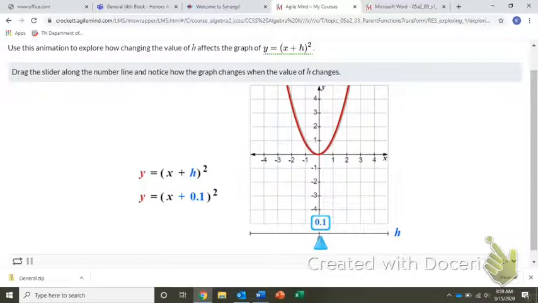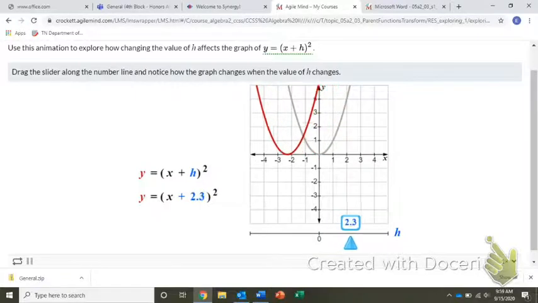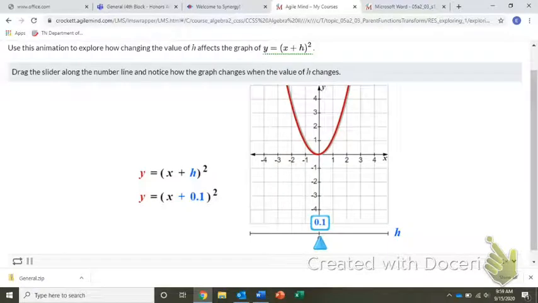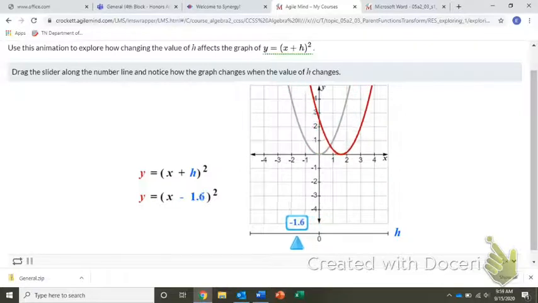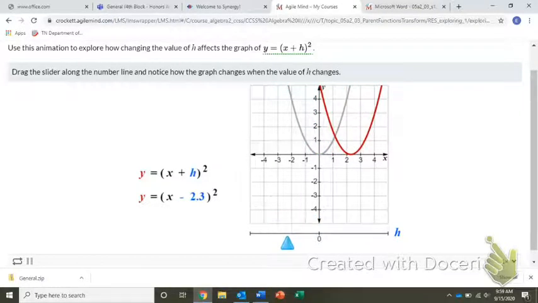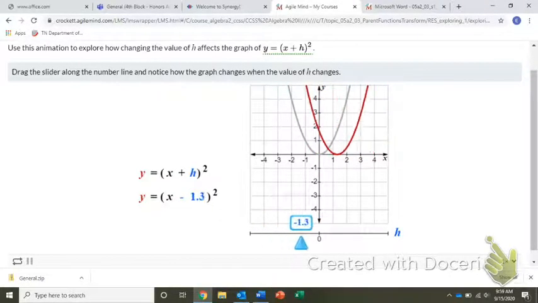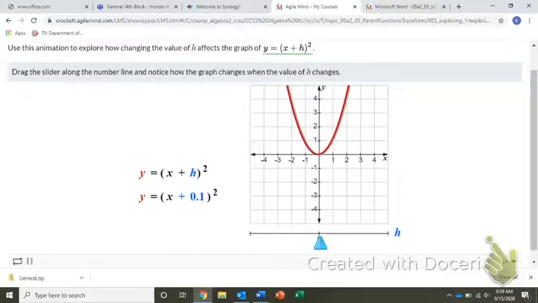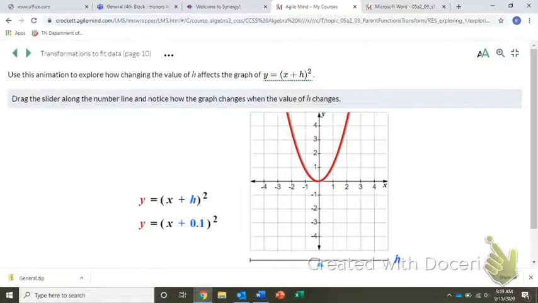So we're at 0, and my H is positive, but it's going where? To the left. You start at 0 and you go to the negative side, negative numbers, it moves to the right. Okay?